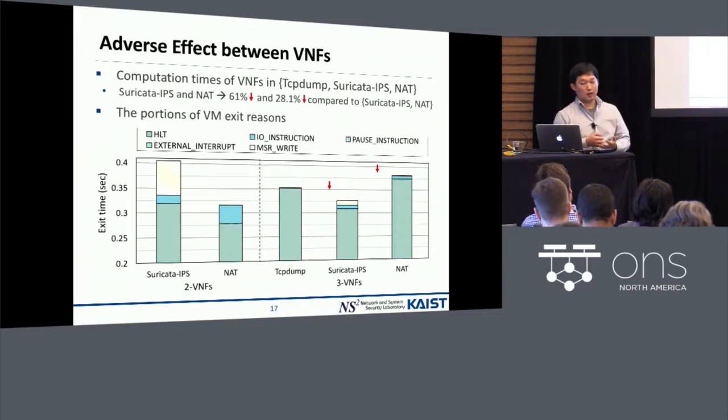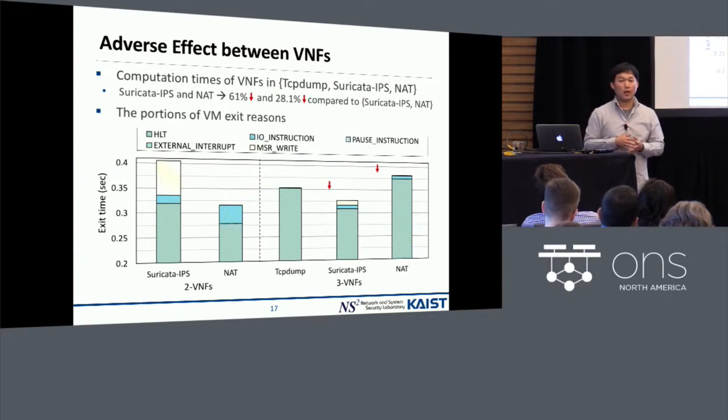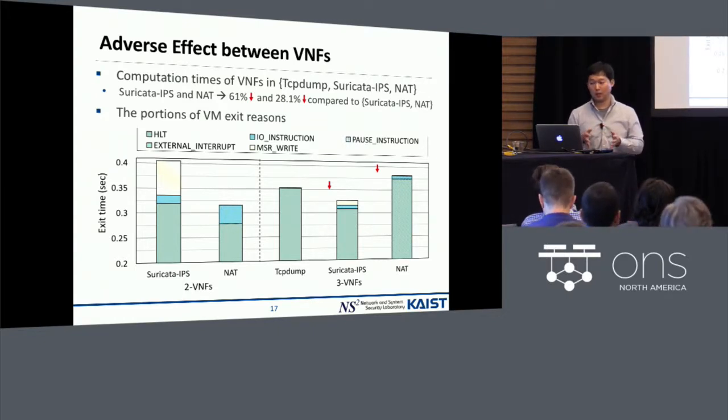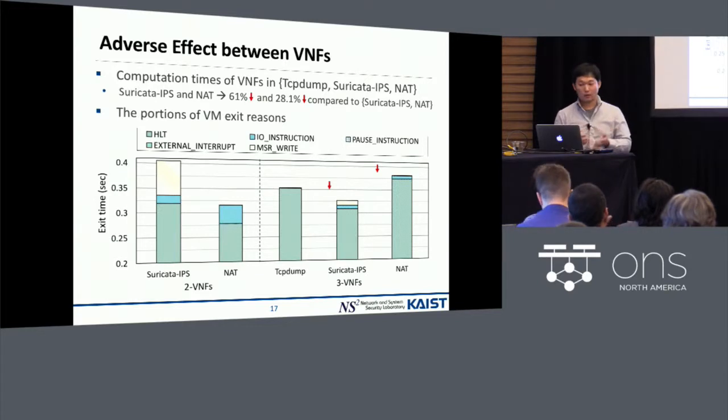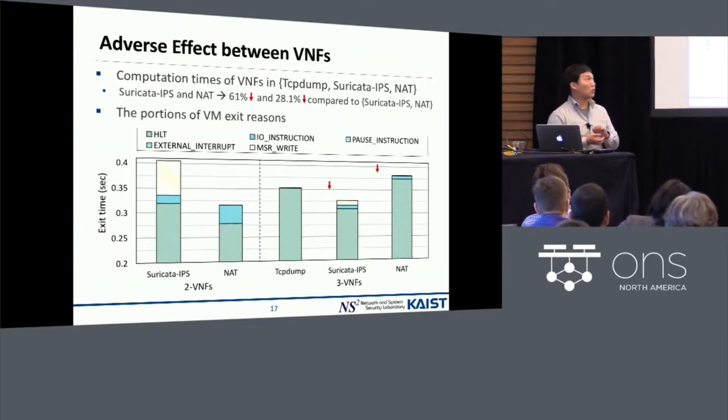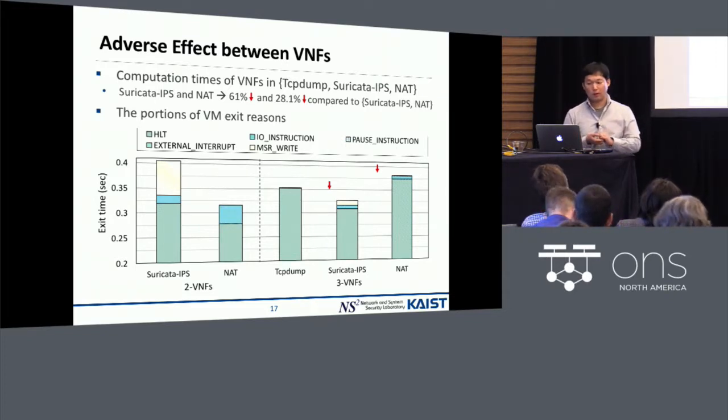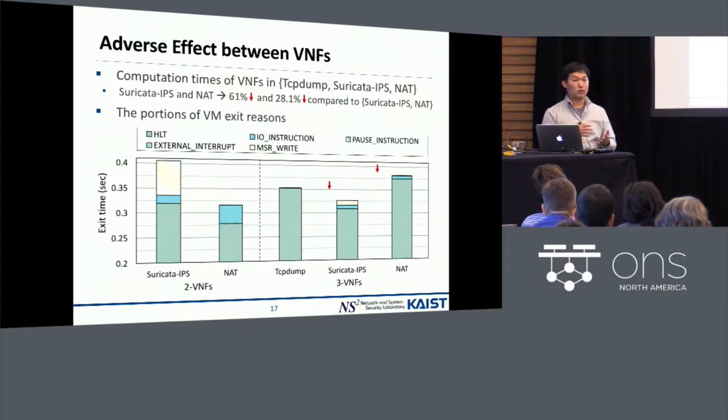So when we add a new VNF, in this case tcpdump, the computation time of existing VNFs, Suricata IPS and NAT, got reduced by 61% and 28% respectively. The reason that their computation time decreased as soon as the tcpdump VNF is added is because tcpdump also starts to request I/O operations.